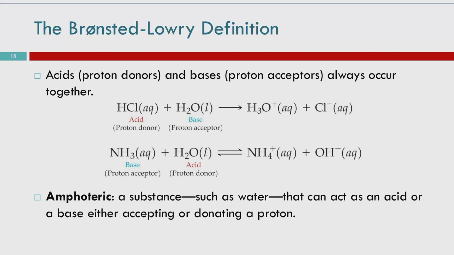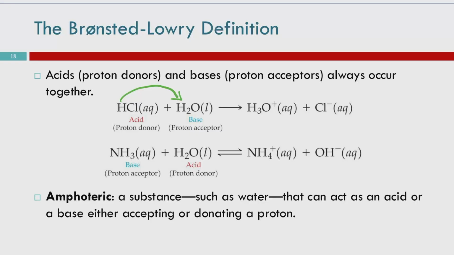And if you were not furiously scribbling things down as we were going and maybe paying attention to what our other part of our equations were, you might have noticed in one case H2O was acting as a proton acceptor. In our first example, it accepted a proton, or an H, from our HCl.